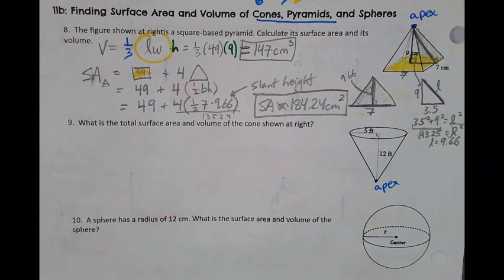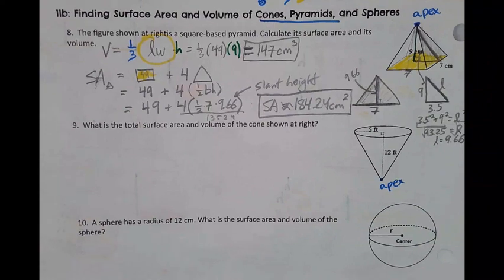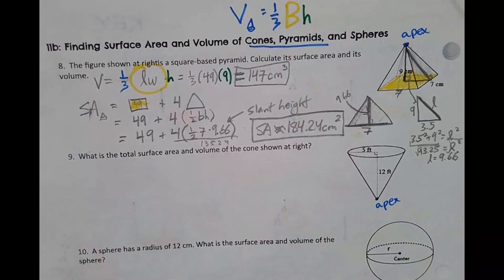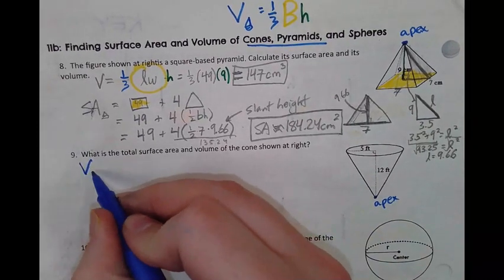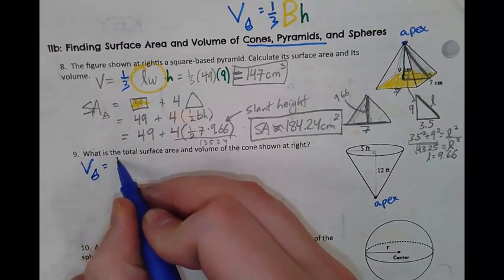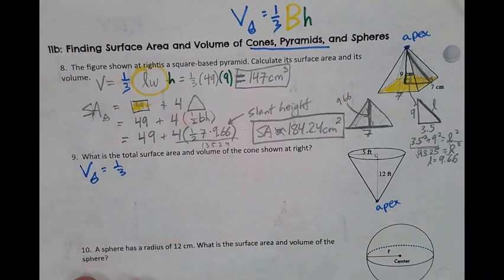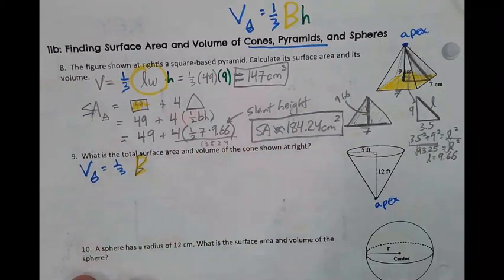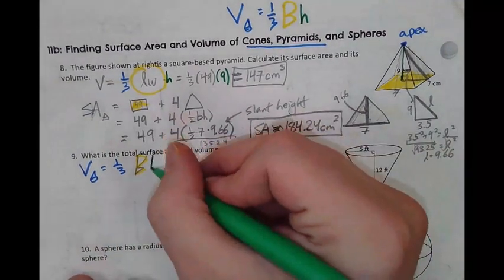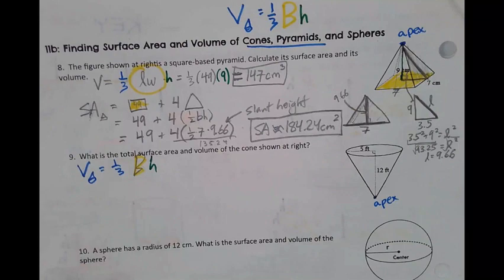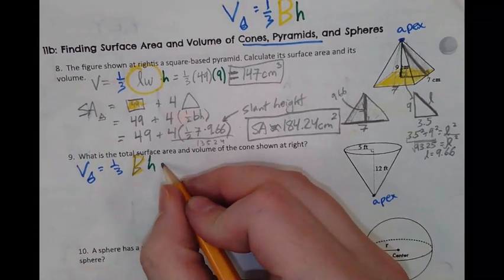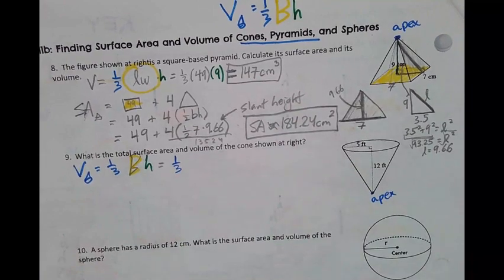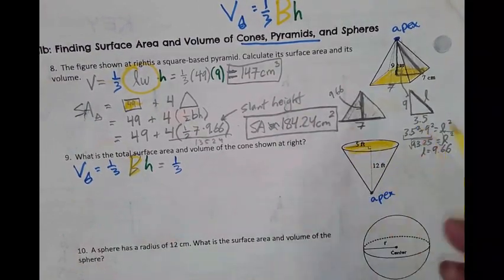Moving on. What's the total surface area and volume of the cone shown at right? Okay, we're going to use the volume of the cone formula. It's going to be 1/3 the base area times the height. So we can simplify this, we know that it's 1/3. The area of a circle is pi r squared.